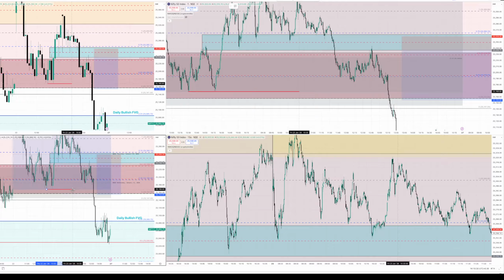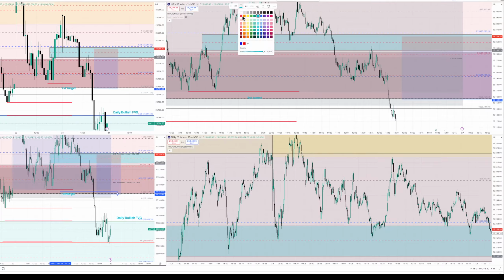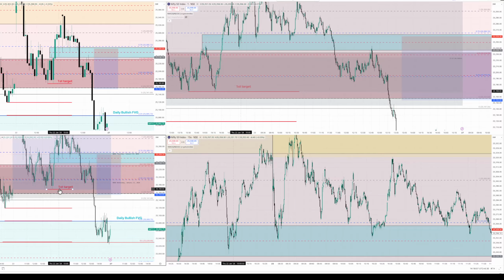So this would have been your first target, this would have been your second target, and this would have been your third target, and this would have been your fourth target, midpoint of this daily wick. So I'll just highlight the first target. So this was the first target.